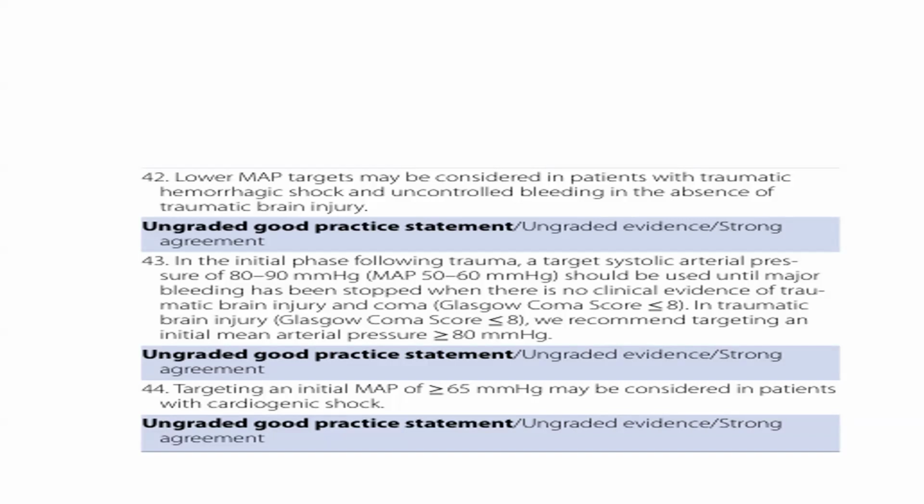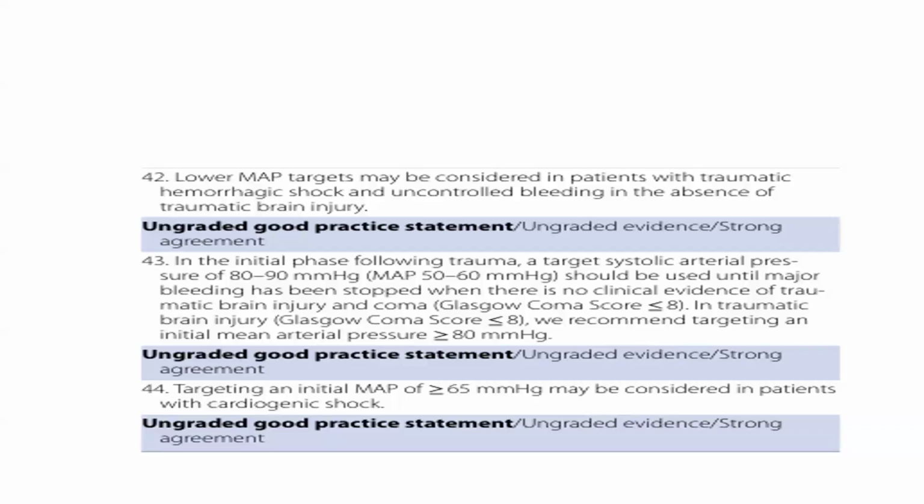Whenever we are dealing with a patient with traumatic brain injury, we should target a MAP of more than 80 mmHg. In the initial phase following trauma, a target systolic blood pressure of 80 to 90 mmHg should be maintained until major bleeding has been stopped, when there is no clinical evidence of traumatic brain injury and coma.